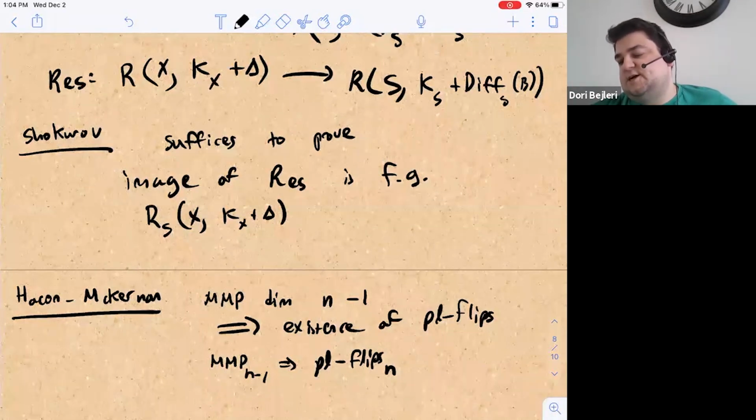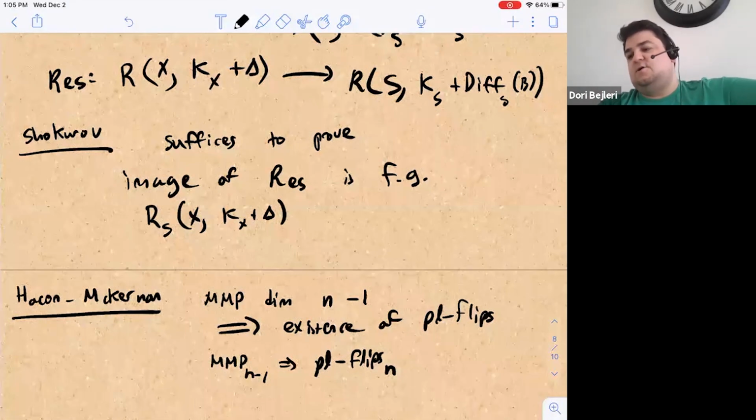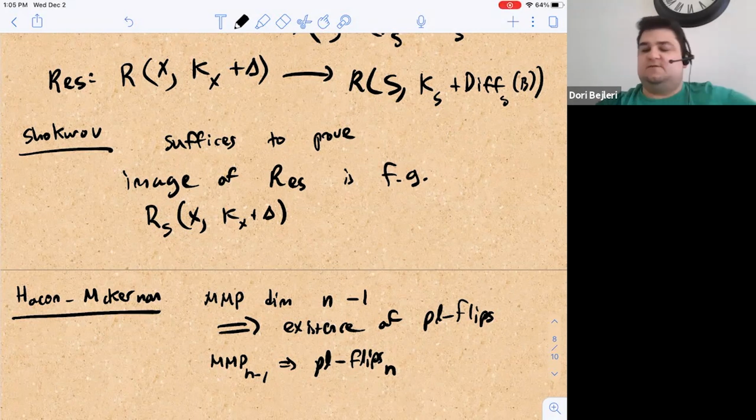You don't know this thing is surjective, so you have to take some log resolution and run some MMP, or basically take some birational transformations that produce a new model where now you have a T dominating this S, where if you pull everything back to this T, then this restriction map becomes surjective. That's essentially the idea. It's a lot more complicated than that, but they basically produce this birational model where you do have the surjectivity, and then you have finite generation by assumption, and then you lift it to finite generation by the ideas of Shokarov.